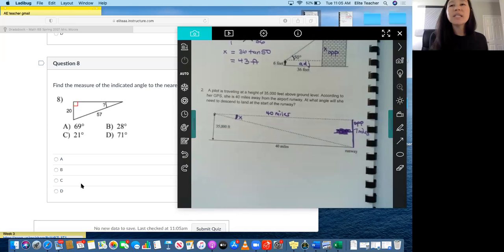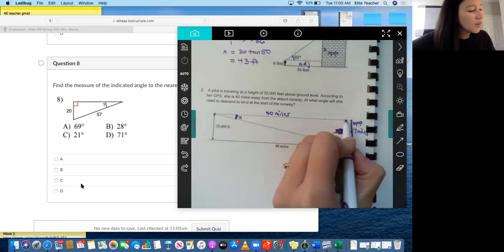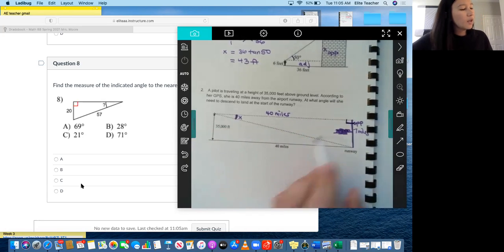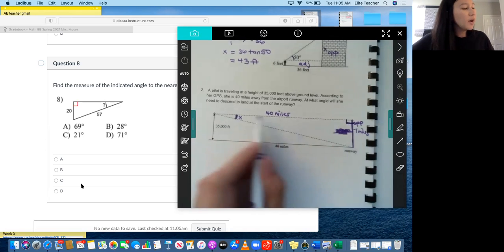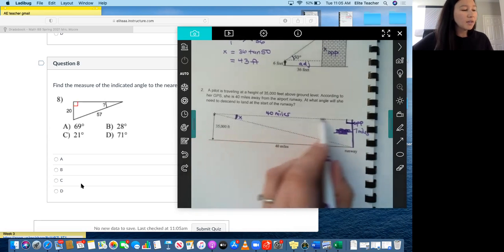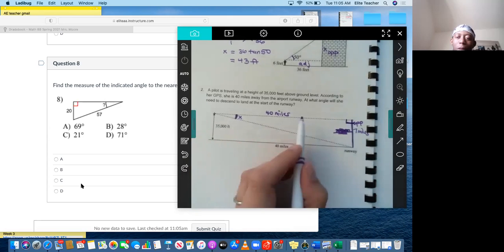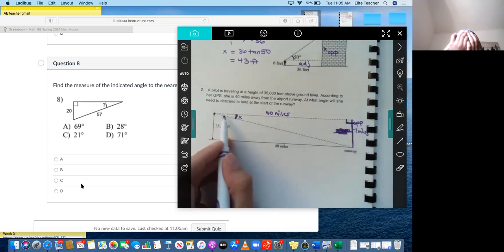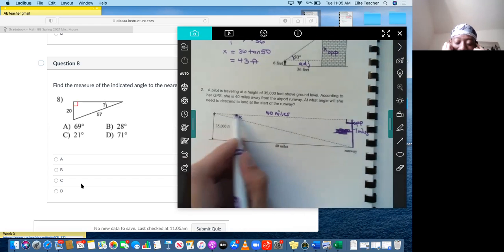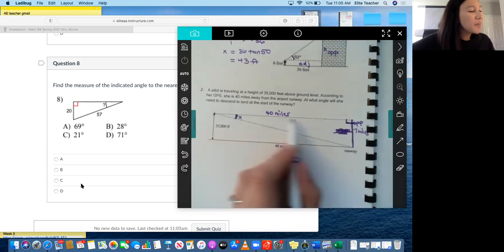So where's the 90-degree angle? The 90-degree angle is right here. So if the 90-degree angle is right here, we know that this side can't be the hypotenuse, right? So then the 40 miles would be what?